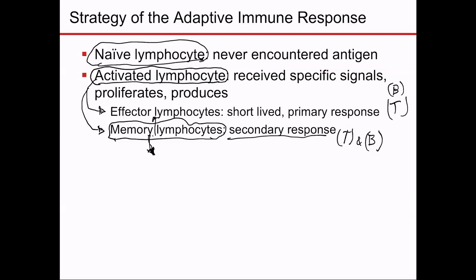That's the function of those memory lymphocytes, to guarantee that in the next encounter with that antigen, the response is going to be faster and stronger against that antigen.